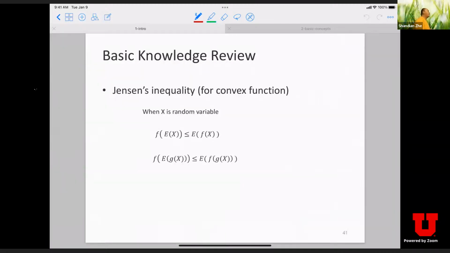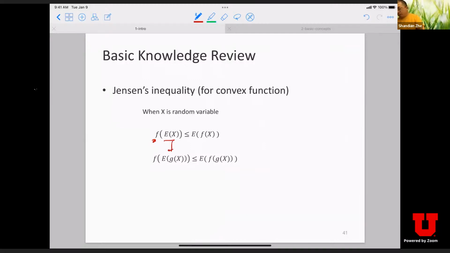Now let us look at a very well-known inequality associated with convex functions. If a function f is convex and you have a random variable x, then evaluating the function at the expectation of x is less than or equal to the expectation of f of x. This can be further extended in a slightly more complex form.